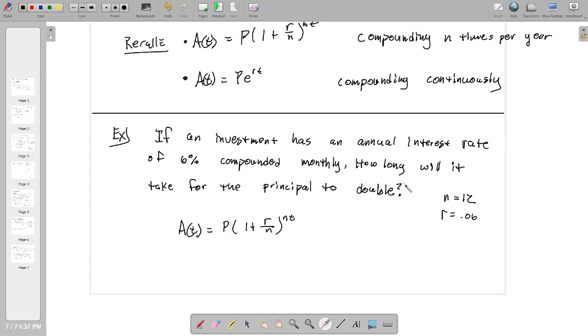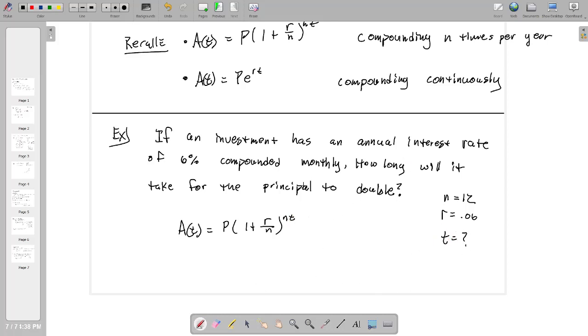That should spark something in your mind. When we're looking for something that says how long, what variable are we looking for as an answer? t. How long means we're looking for a length of time. And t is that length of time. So this is what we're looking for, t.